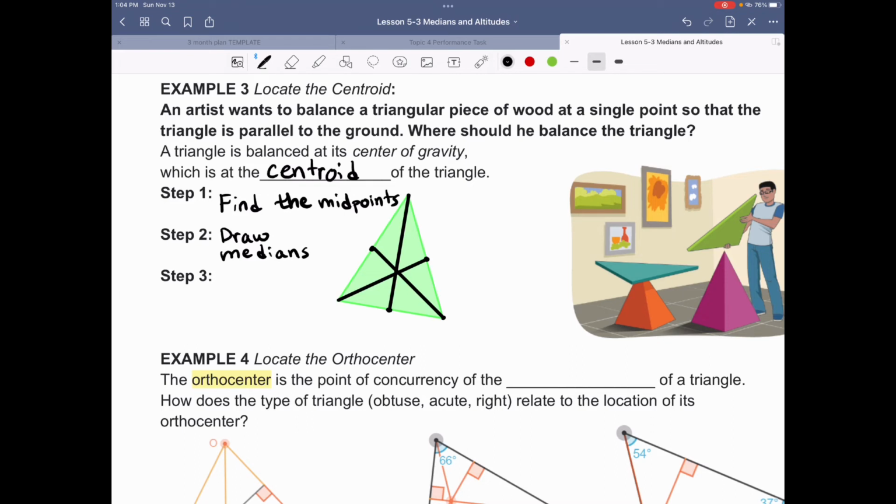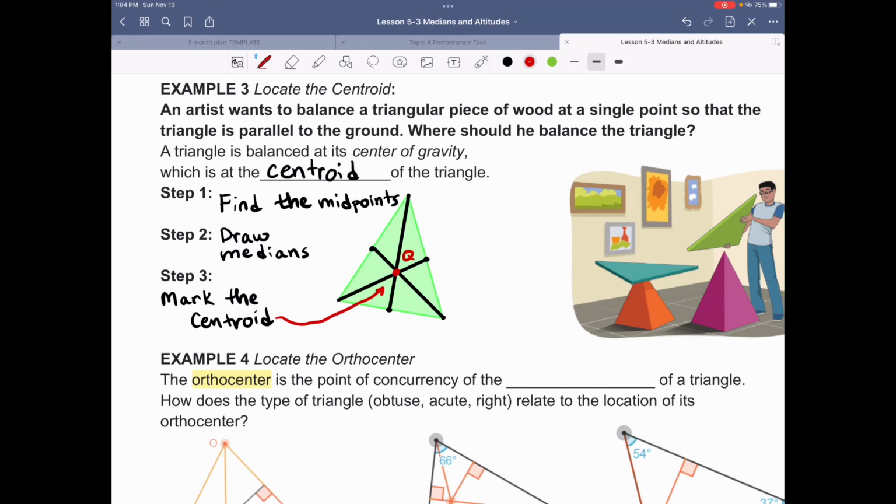And where they cross, that point of concurrency, that is where the centroid is. So mark the centroid, and we'll label it Q. So that's where the artist would balance the triangle.